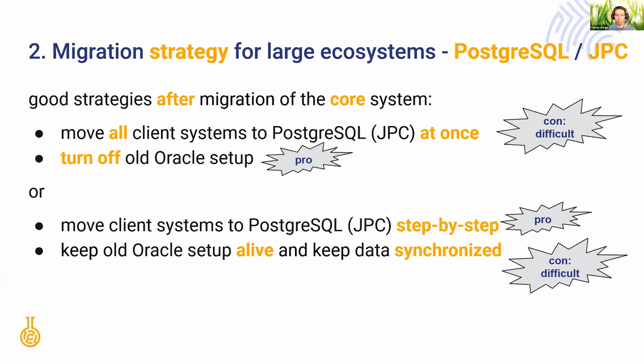So both have pros and cons. We don't want to decide which is better. It really depends on your system. I just advise thinking about what is the best strategy before starting some kind of migration.